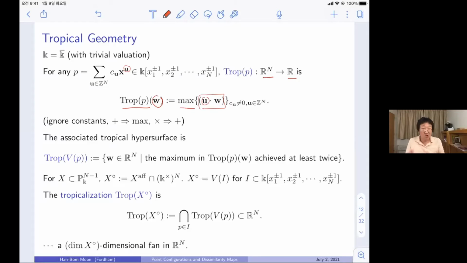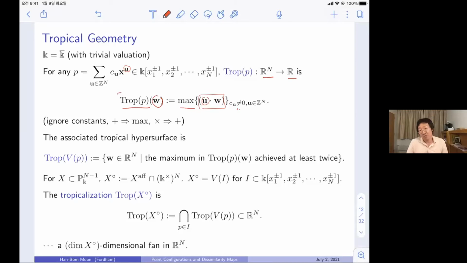First of all, because we are using the trivial valuation, you can ignore all constants. That's step 1. And for each addition, replace the addition by taking the maximum. And for each multiplication, just erase the multiplication and replace it by addition. Then you will get this formula.